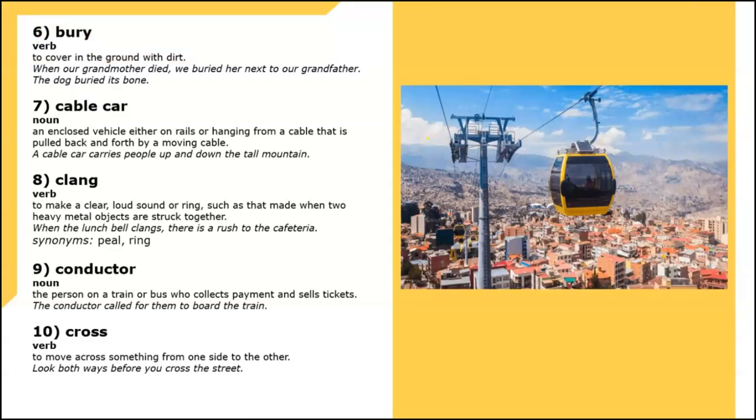Our next word is cable car. Cable car is a noun, it's a thing, and cable car is an enclosed vehicle either on rails or hanging from a cable. In the picture you can see there is a cable, and the cable car is hanging from this cable.